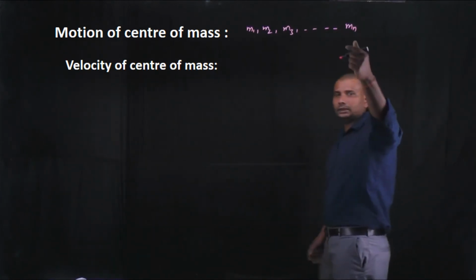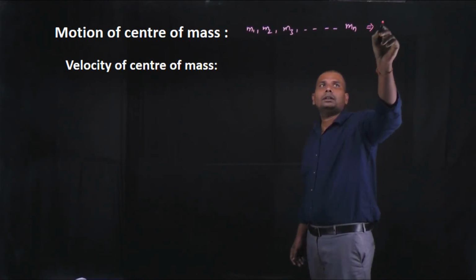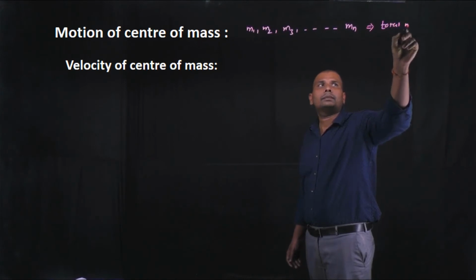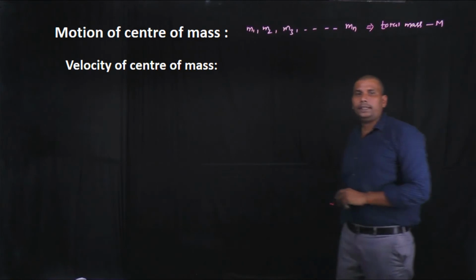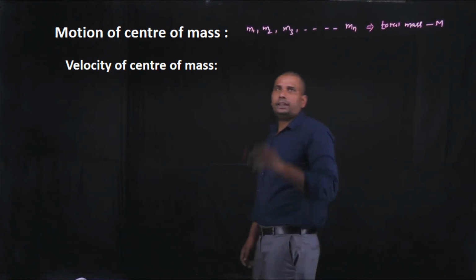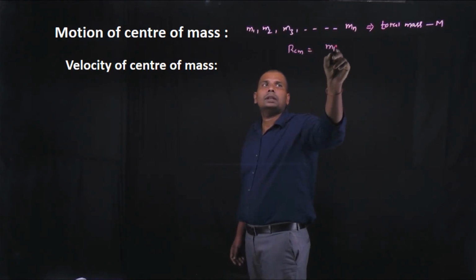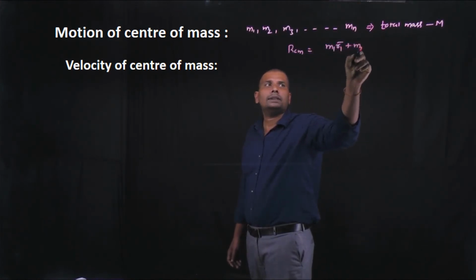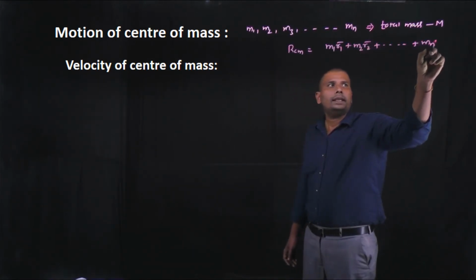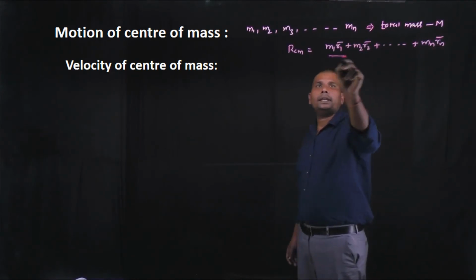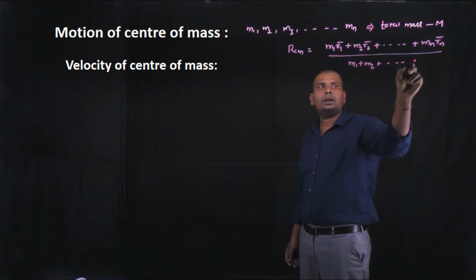By adding all these individual masses of the system, we get the total mass of the system as capital M. Okay, already we have the position vector of center of mass as RCM equals M1 R1 bar plus M2 R2 bar plus and so on plus Mn Rn bar by M1 plus M2 plus and so on plus Mn.